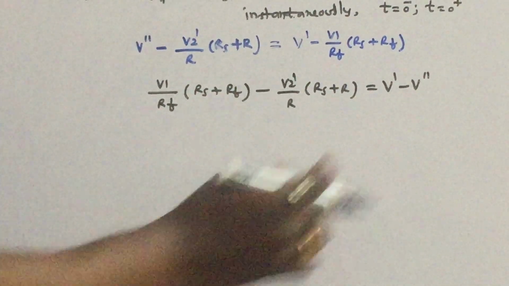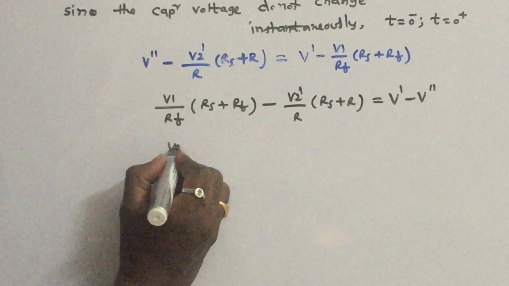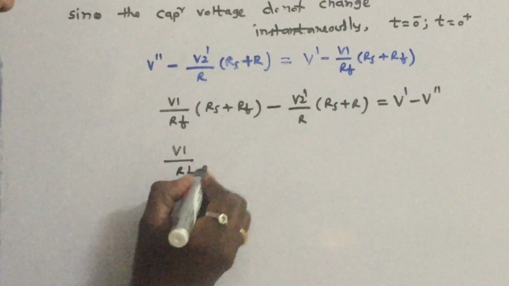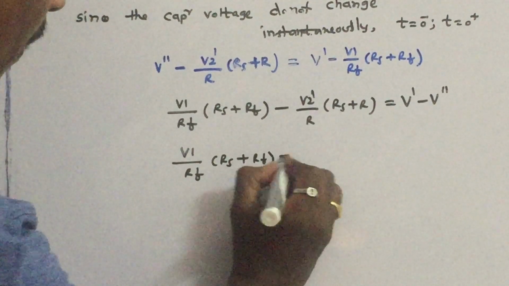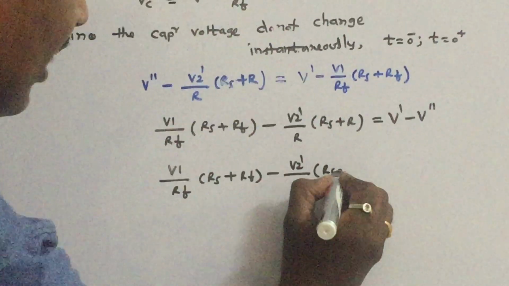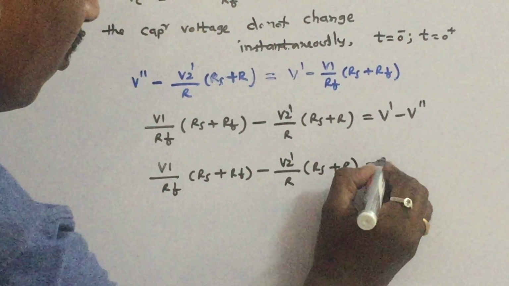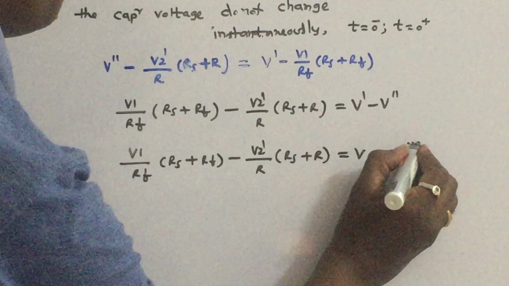V dash minus V double dash, the peak to peak voltage of the input, is capital V. So we can write it as, very important equation this one, V1 by Rf into Rs plus Rf minus V2 dash by R into Rs plus R is equal to capital V. Call this equation 3.